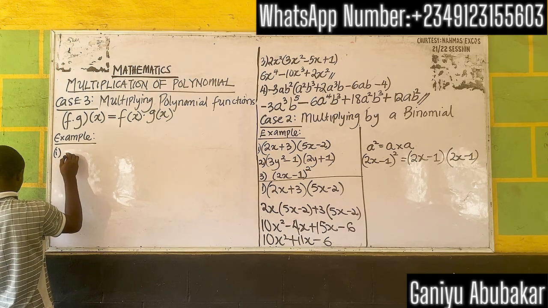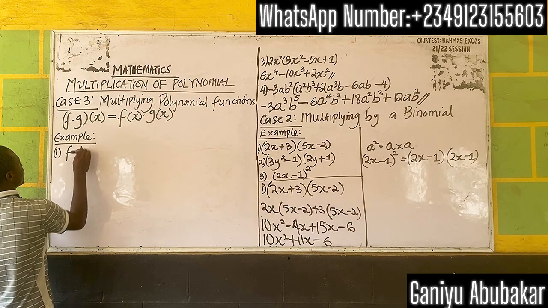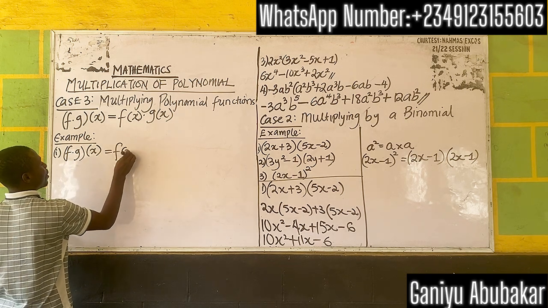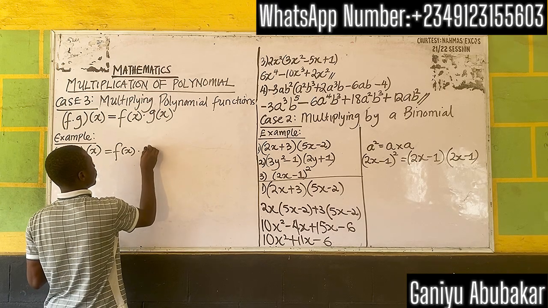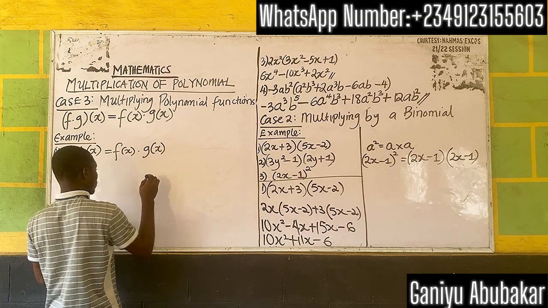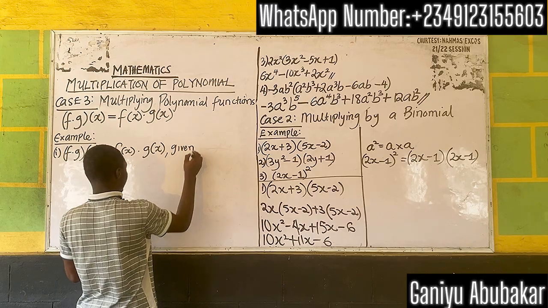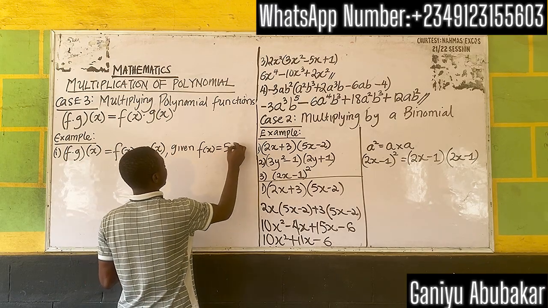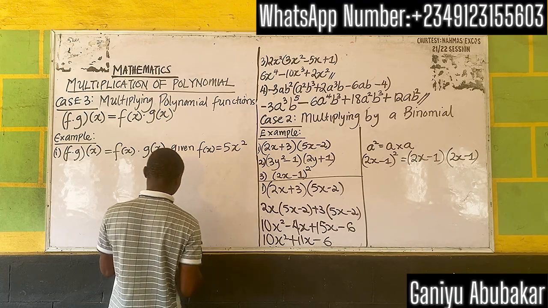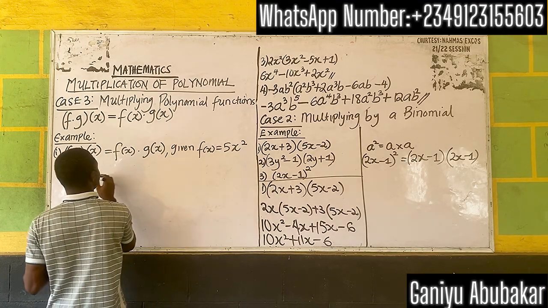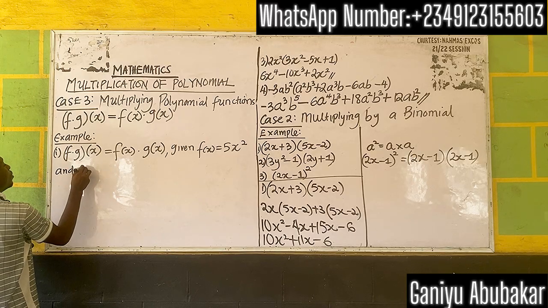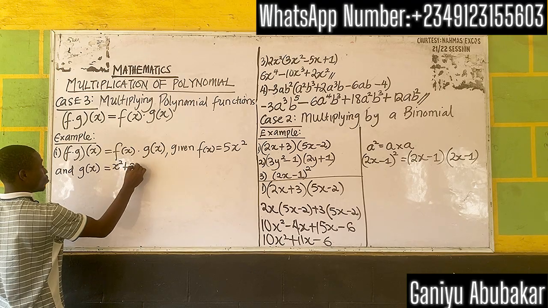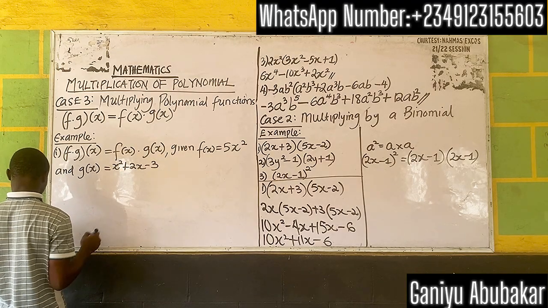Number 1: (f·g)(x) equals f(x) times g(x), given that f(x) is 5x squared and g(x) is x squared plus 2x minus 3.